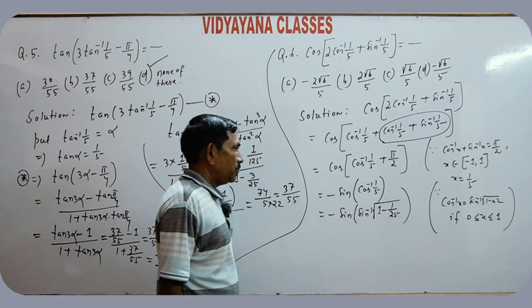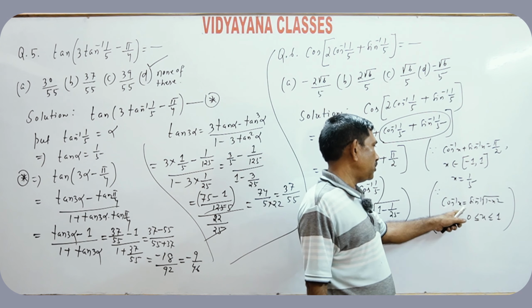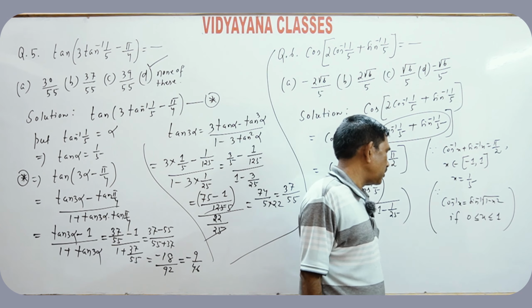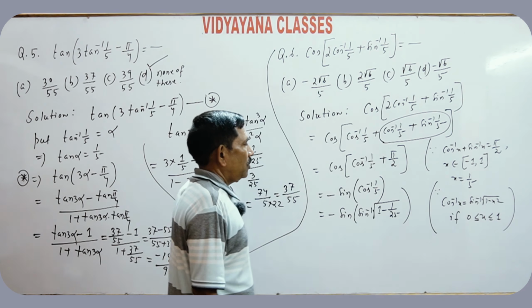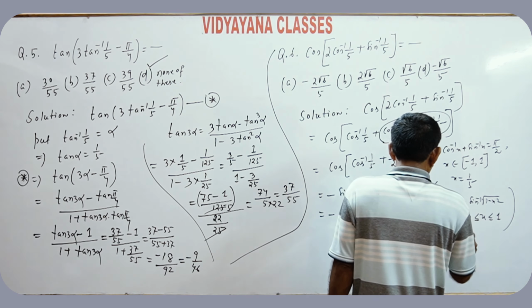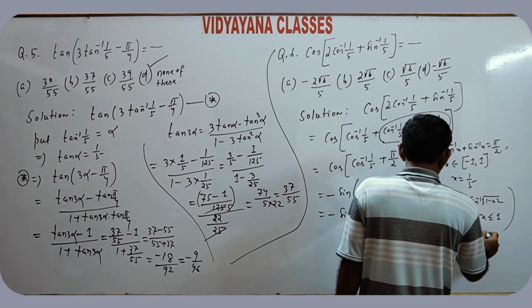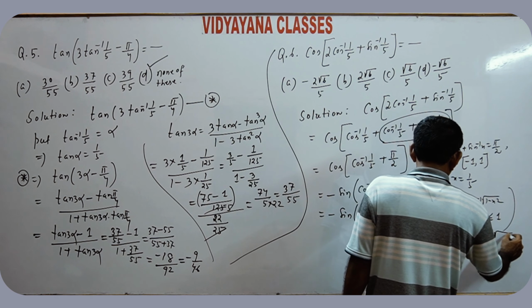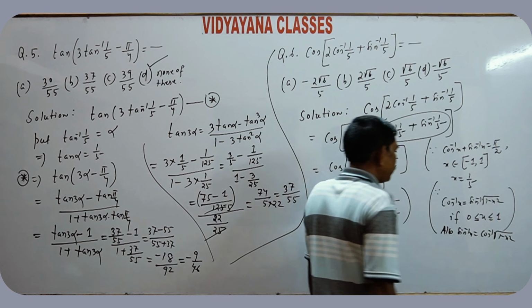In properties, we have proved cos inverse x is equal to sin inverse of this. Also, sin inverse x is equal to cos inverse of root of (1 minus x square).